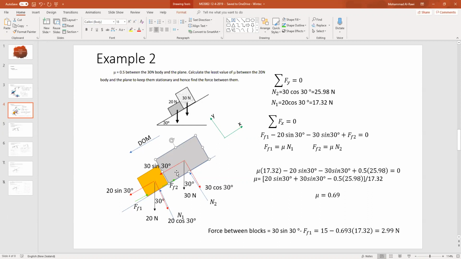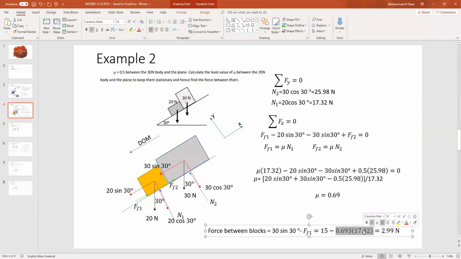Okay, so I will slow down. If that crate is going there, it's adding a force against that side, the point of contact. So that will be the 30 sine 30 degrees, that's the direction of the arrow. Against that you have the friction FF1, resulting from the normal force multiplied by the coefficient.